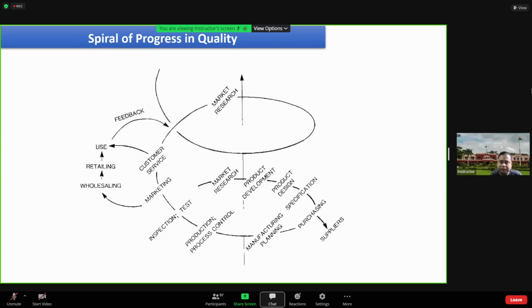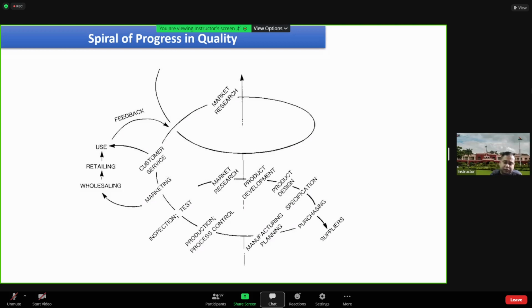That will lead to the product being sold. So it is not only about restricting the deficiencies, but while doing so, we have to provide better and better features and functionalities in the product.